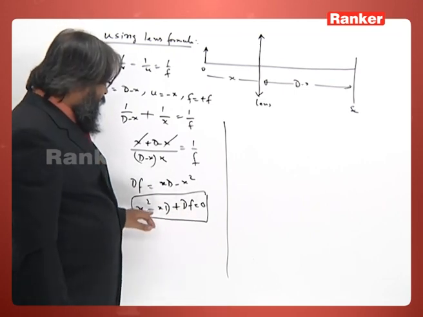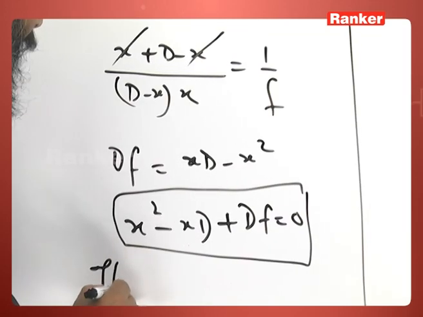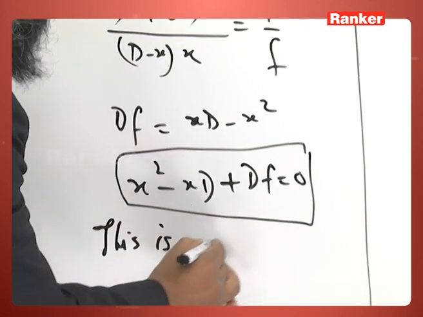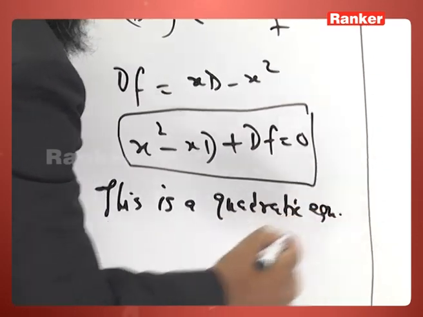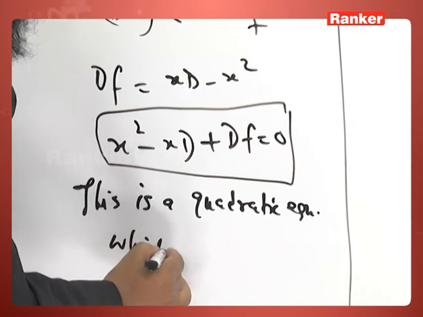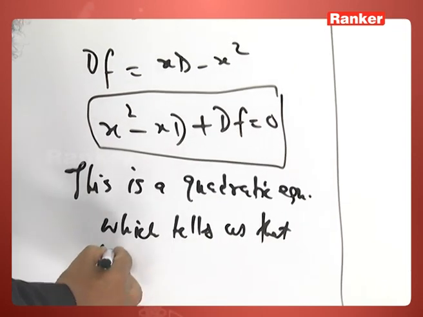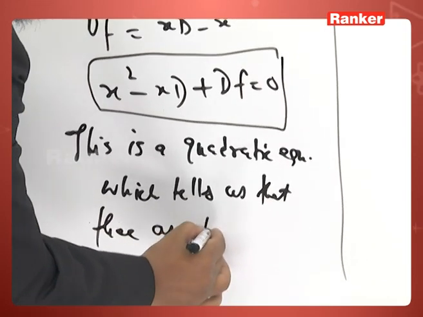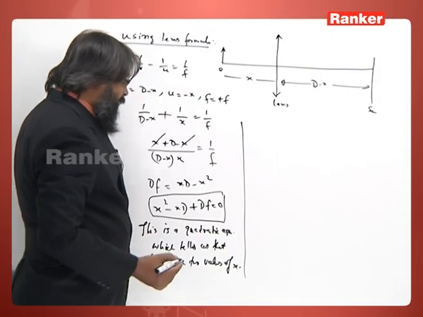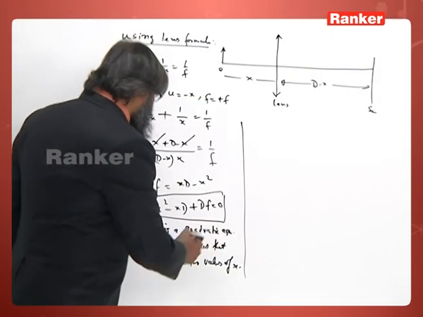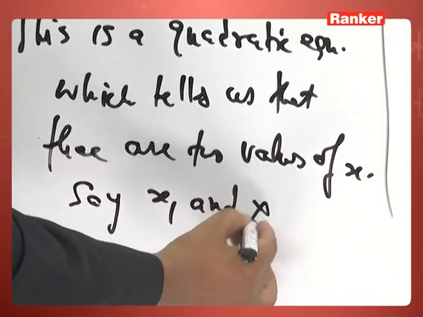Now, this quadratic equation tells us that x has 2 roots. There are 2 values of x, that is, 2 lens positions, say x1 and x2.